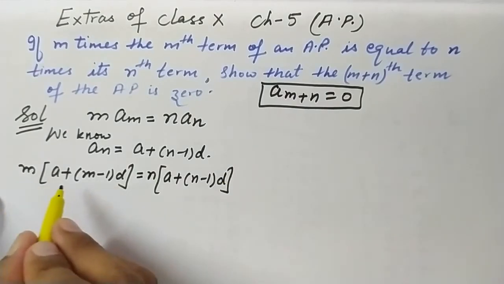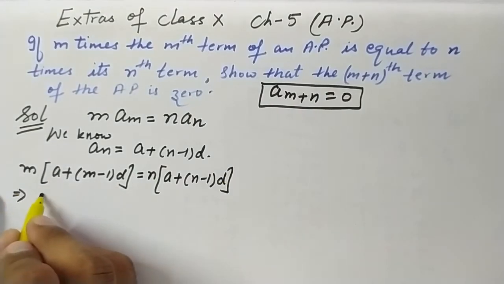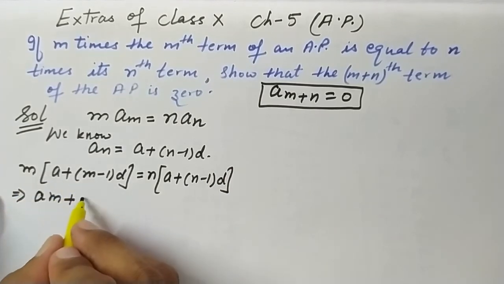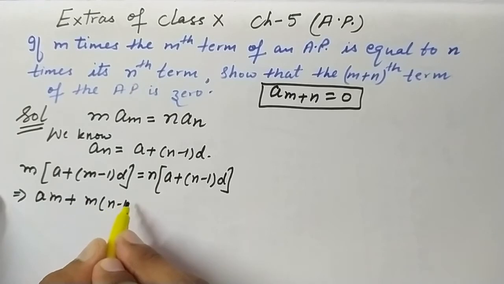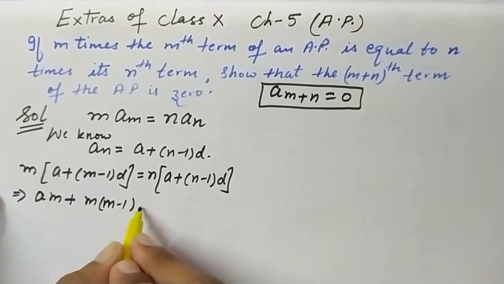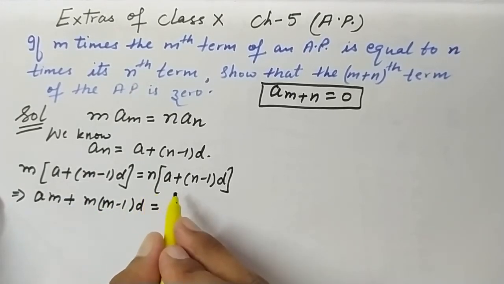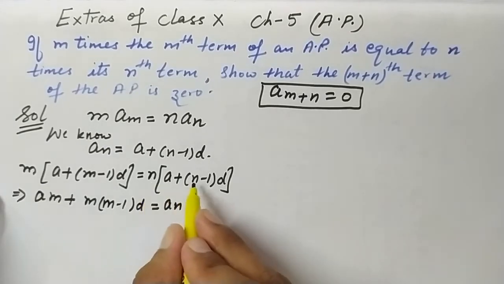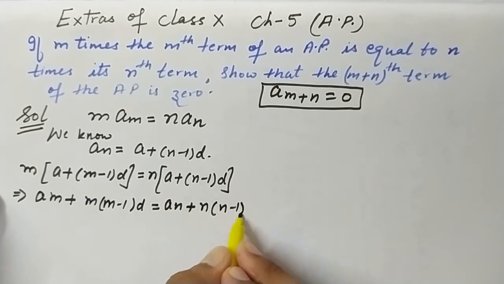Now we'll open these brackets. It becomes a into m, that is am, plus m into (m minus 1) d, is equal to, multiplying with n, an plus n into (n minus 1) d.